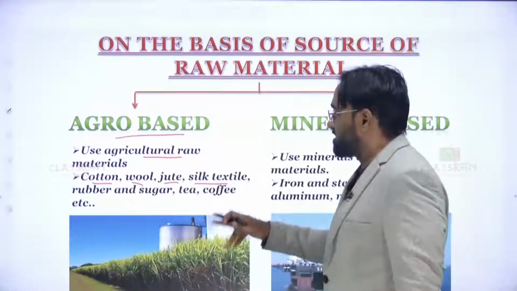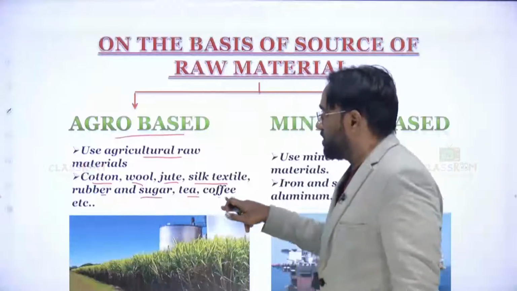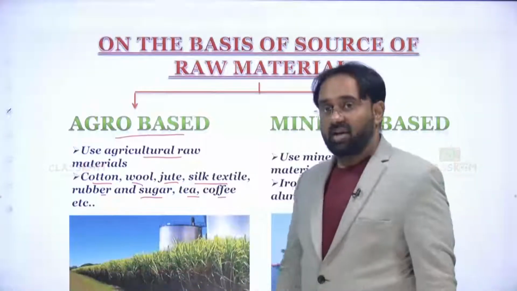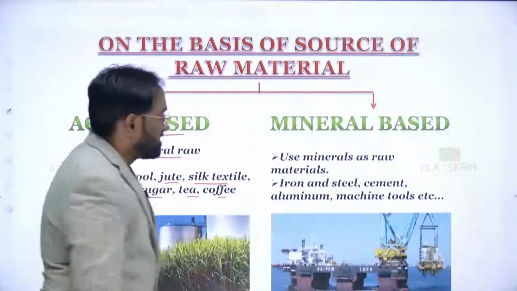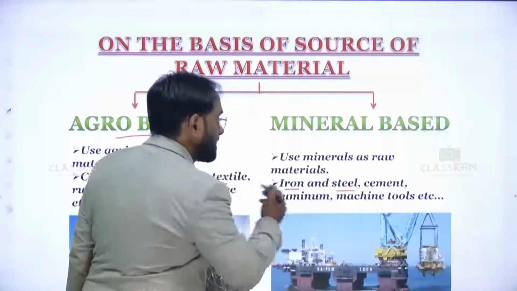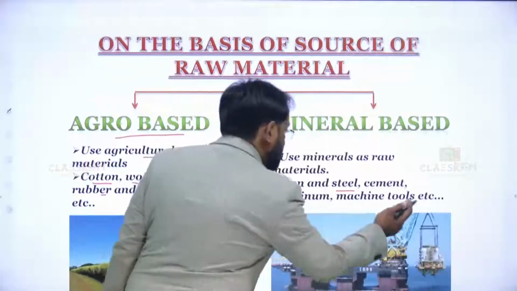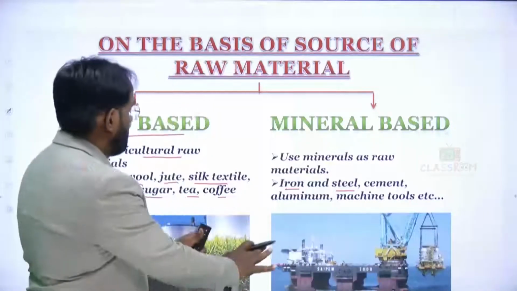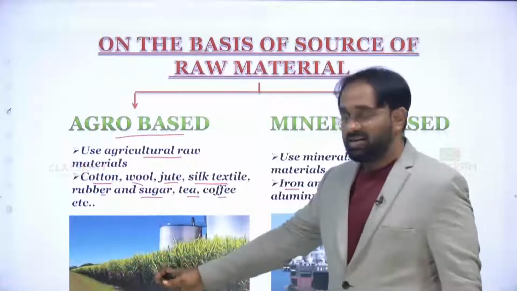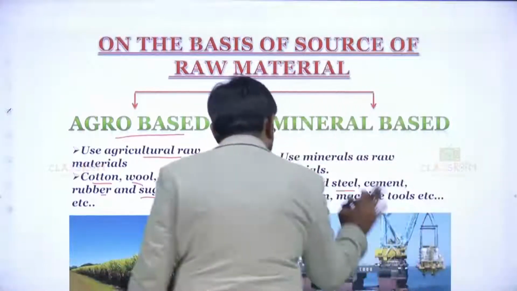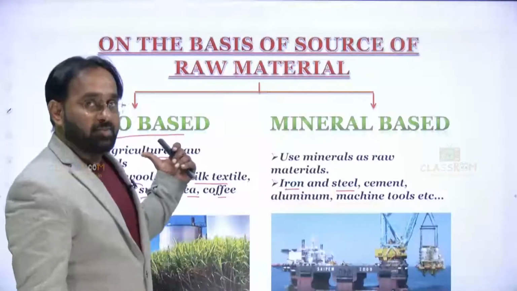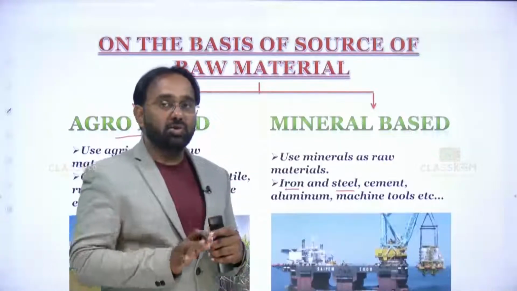Silk textile, rubber and sugar, tea, coffee, etc. So, these are agro based industries. Non-agro based industries or mineral based industries use minerals as raw materials: iron and steel, cement, aluminium, machine tools, etc. Seeing the picture itself you can comfortably understand what you are seeing: agriculture here, and all such electronic, high end equipment here. This is agriculture based and this is mineral based, on the source of raw material.